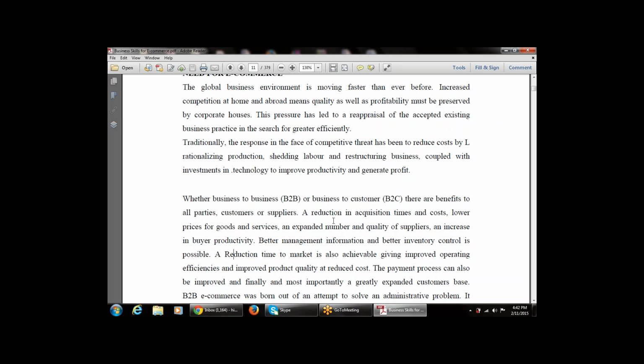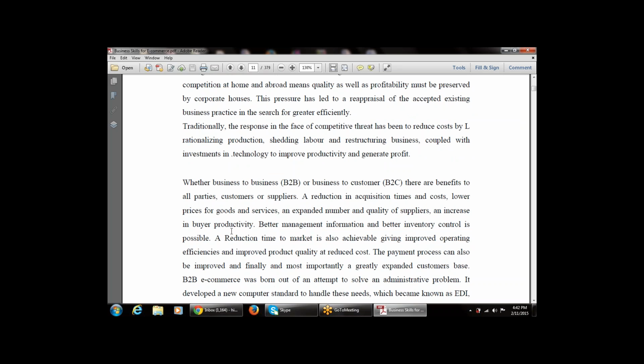So we can reduce the acquisition time and cost, with lower prices for goods and services. A reduction in time to market is also achievable, giving improved operating efficiency. That is, whenever there is a reduction in time to market, there is a greater improvement in the technology. This is what we studied in the last class. That is, what is the nature of e-commerce? E-commerce provides profitability as well as effectiveness and efficiency of business products, business criteria.